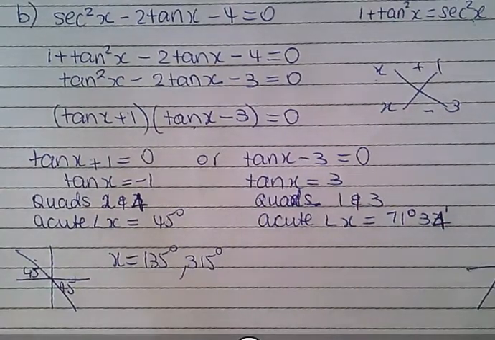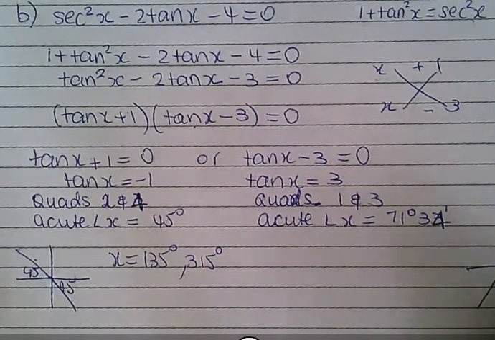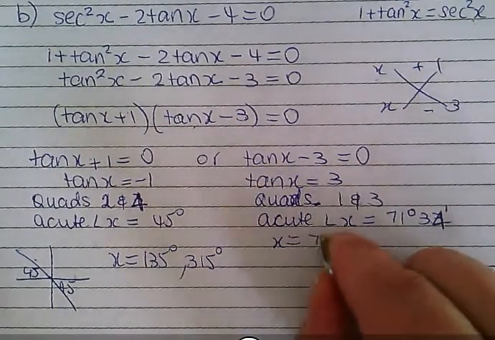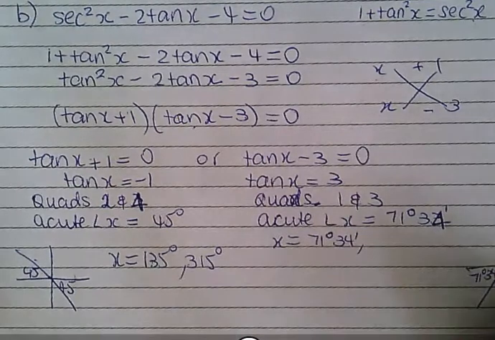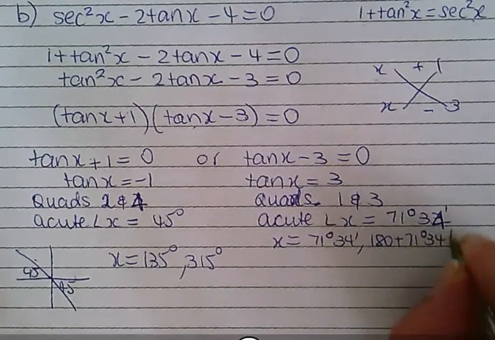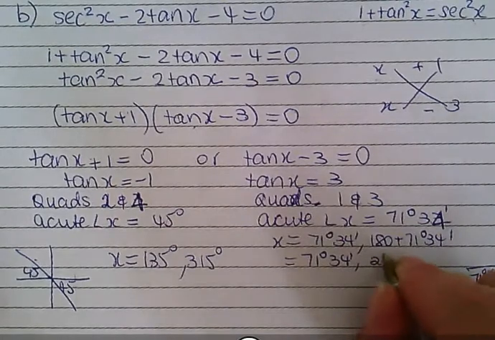How many seconds? 50 something? Yeah, so 71 degrees, 34 minutes. So x equals, quadrant 1 is 71 degrees, 34 minutes. And quadrant 3 is 180 plus 71 degrees, 34 minutes. So we've got 71 degrees, 34 minutes and 251 degrees, 34 minutes.